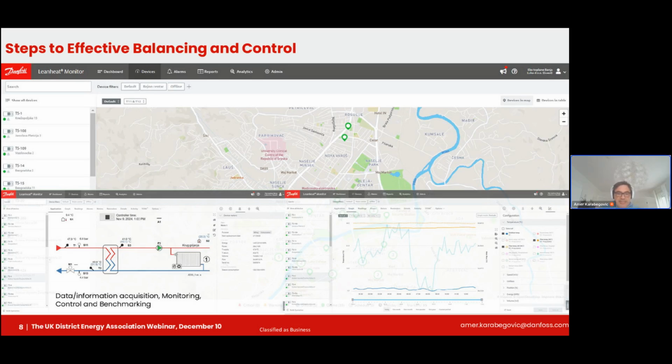The next step includes the integration of all measurements in one place, the possibility of remote monitoring and management, as well as the possibility of benchmarking. Very important here is the emphasis on one place, so it needs to be a unique database, cleaned up and reliable for further usage.